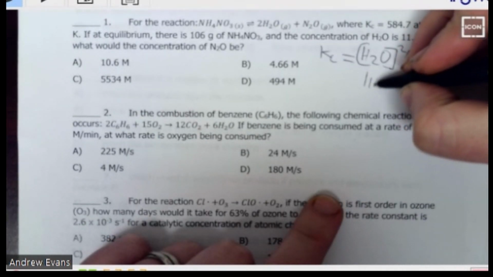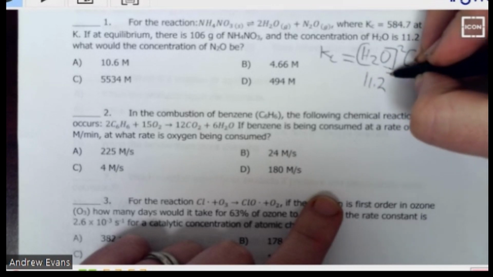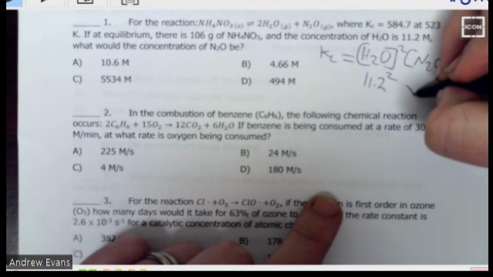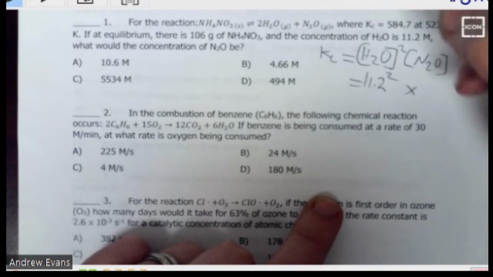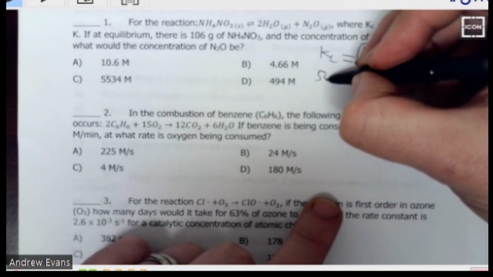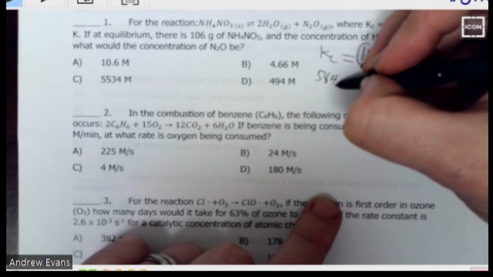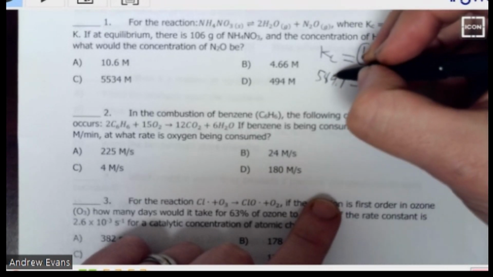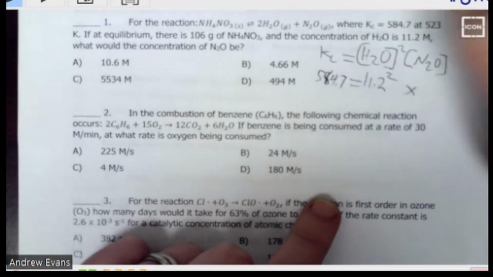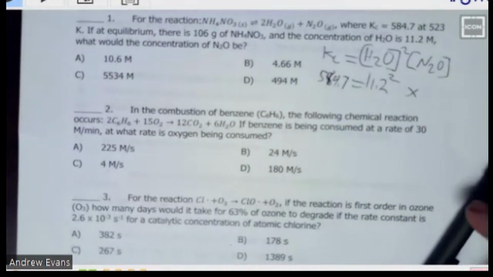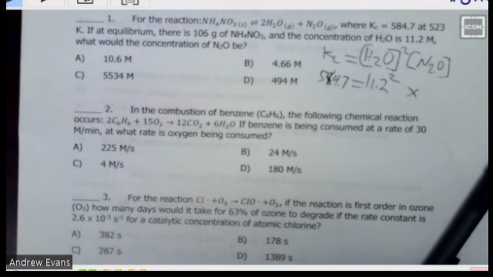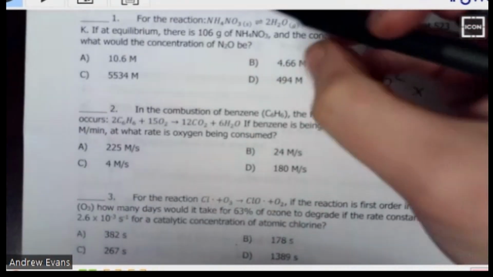So 11.2 squared times X is equal to our Kc of 584.7. You don't need the mass of ammonium nitrate. So 584.7 divided by 11.2 squared means you have 4.66.